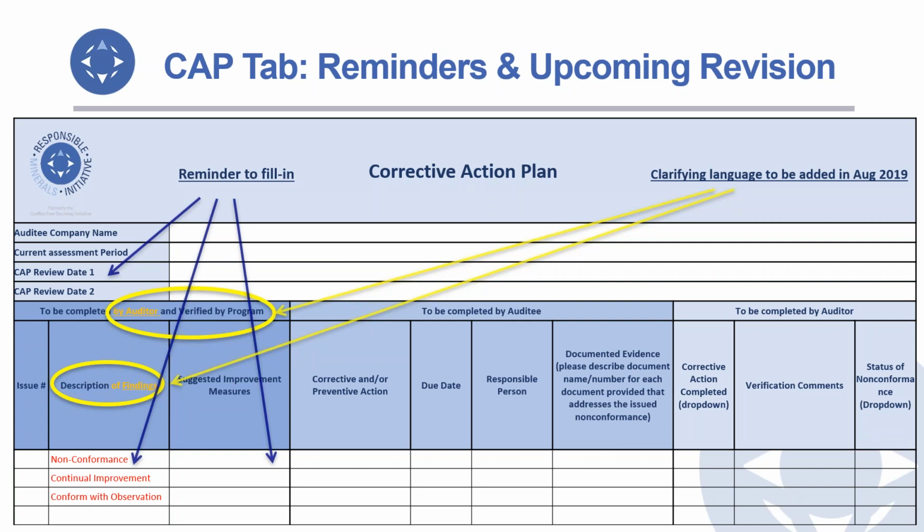But if any continual improvement opportunities would also be listed here as a finding, if they have been addressed, please highlight that as well. If not, that will be okay, since the auditor at the next assessment will be reviewing whether or not the conformance with continual improvement findings have been closed by then.